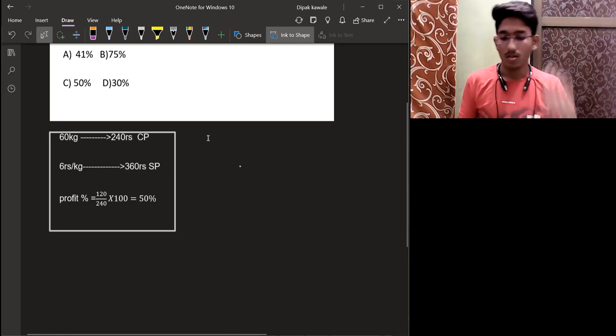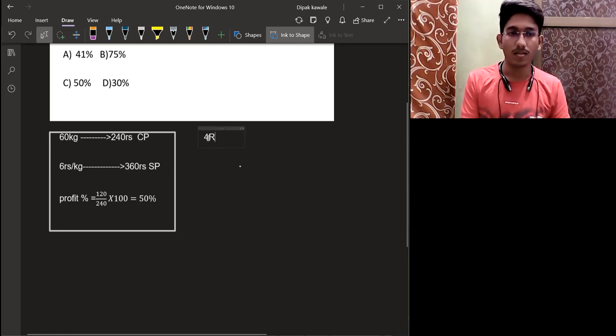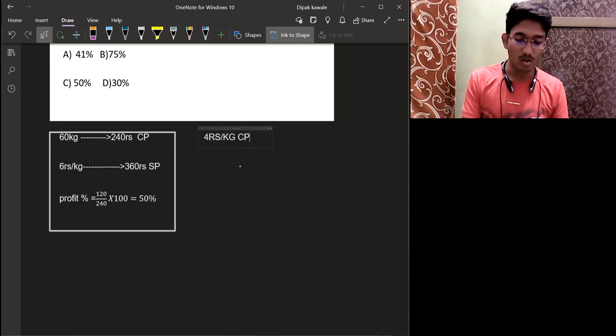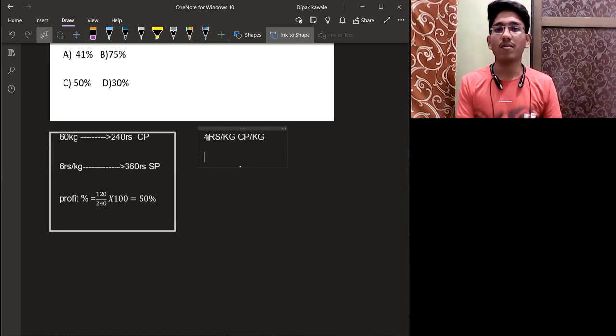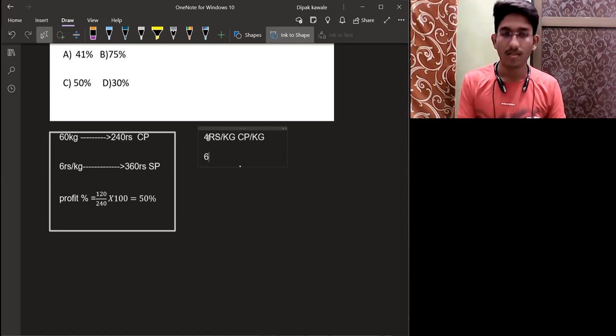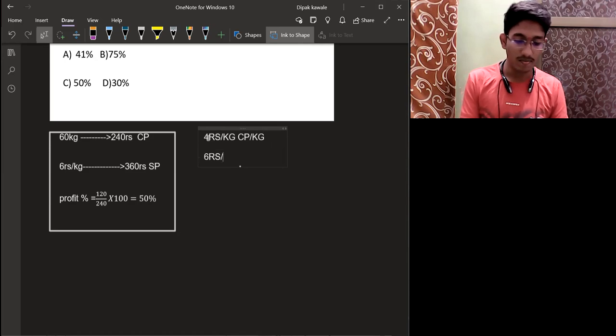That means 4 rupees per kg. This is my cost price per kg. My selling price per kg is how much? 6 rupees per kg.